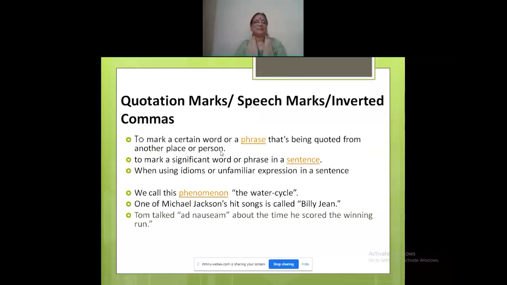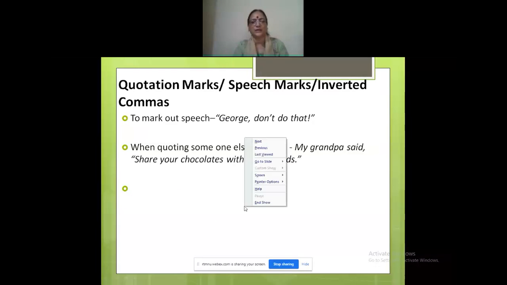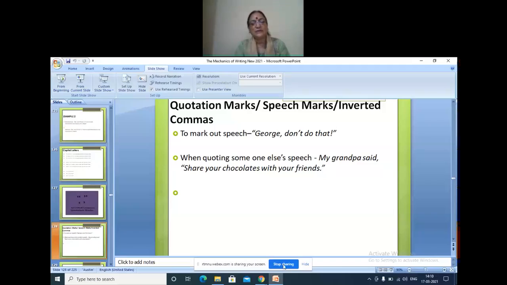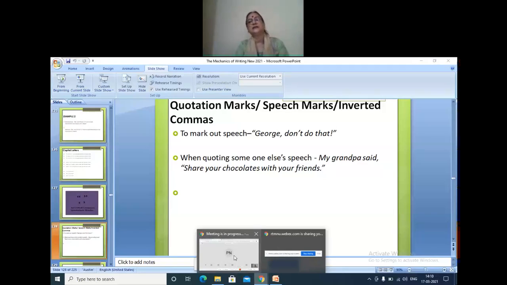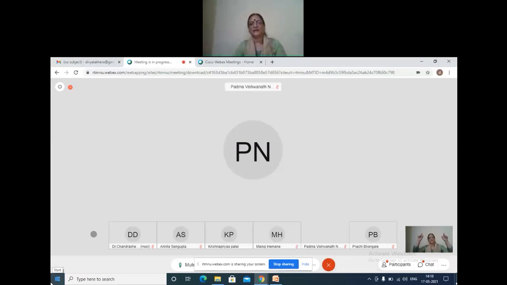Suppose you are using a quotation, and in that quotation you are using something which has been shared by somebody. If it is already inside a quotation, then you may use single quotation marks in between.